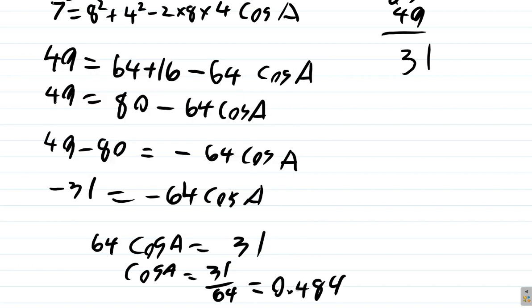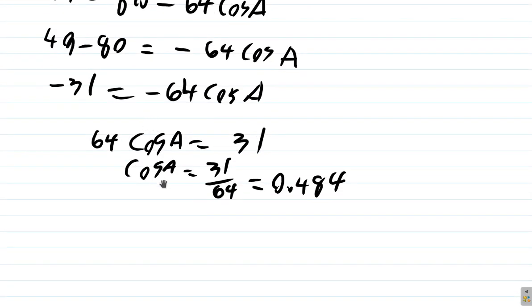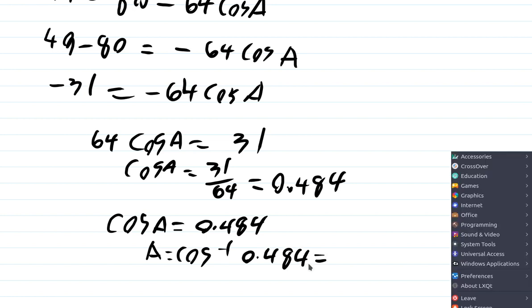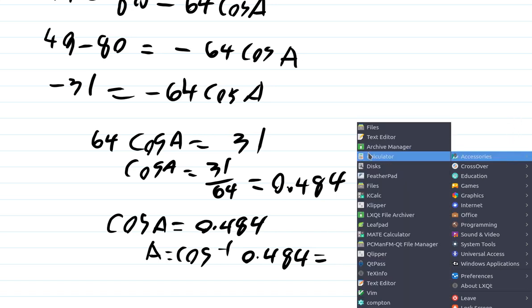Right? We keep at least 3 decimal places, and then when we get an answer now, we can round it off to less than 3 decimal places. So the fact is, cos A is 0.484. So A is cos inverse of 0.484. So we're going to find the cos inverse of that.